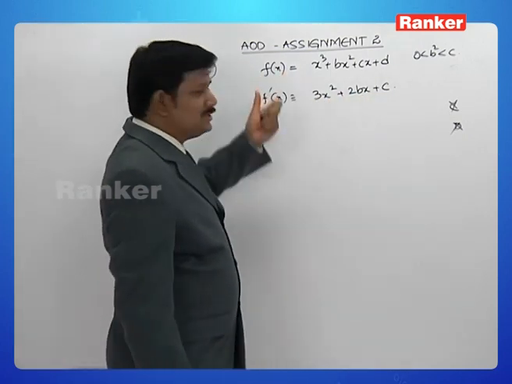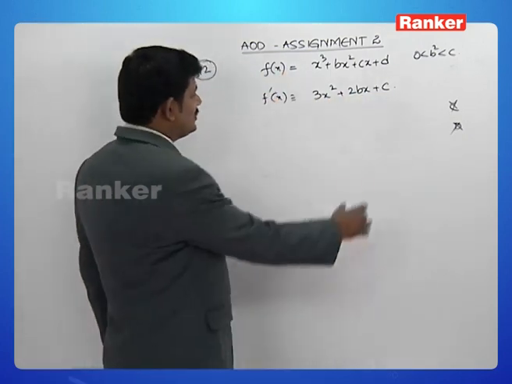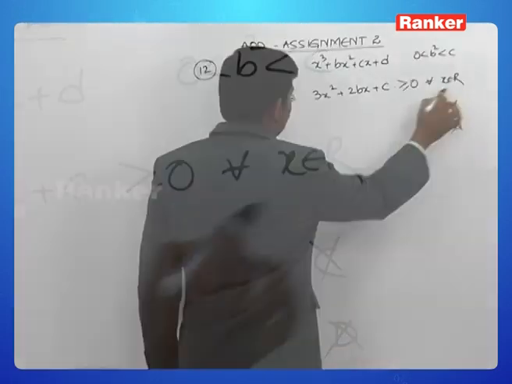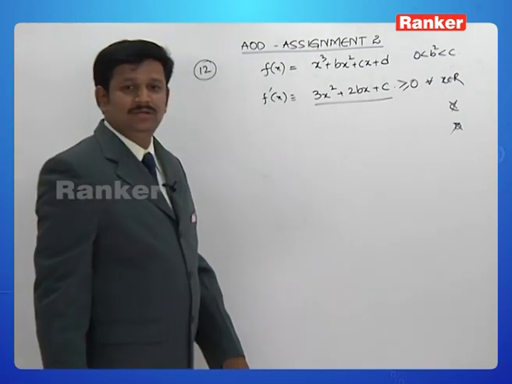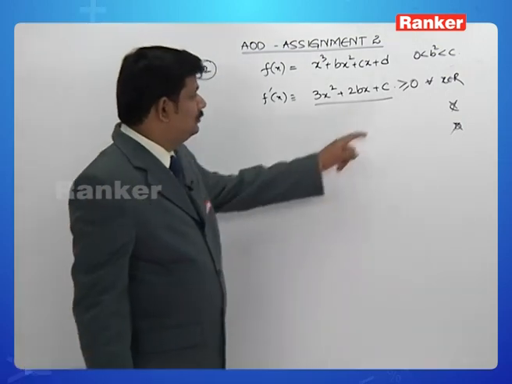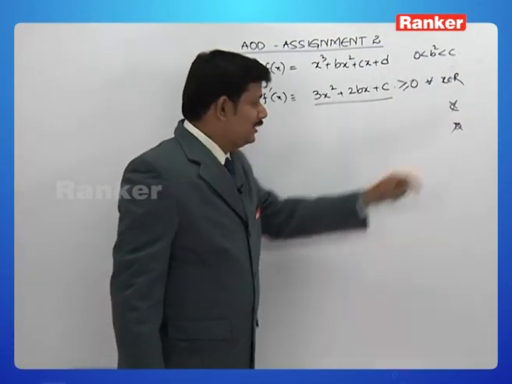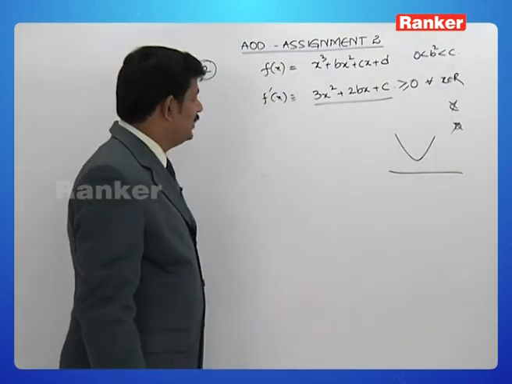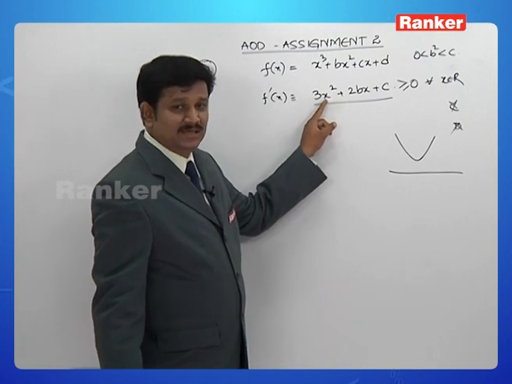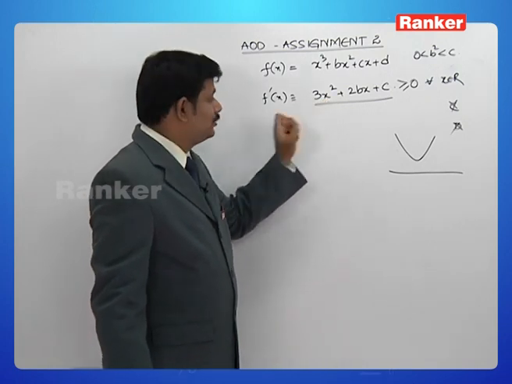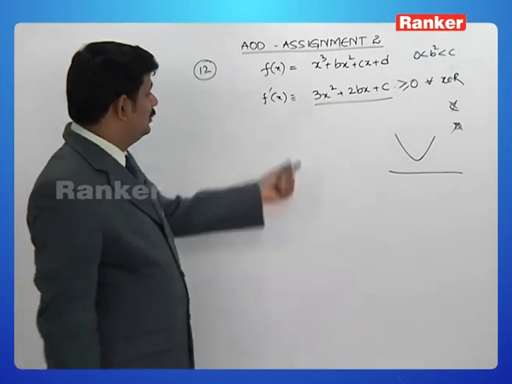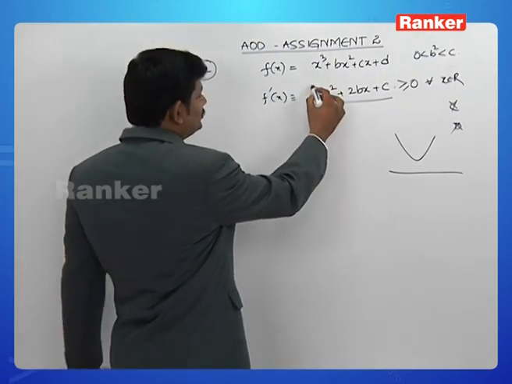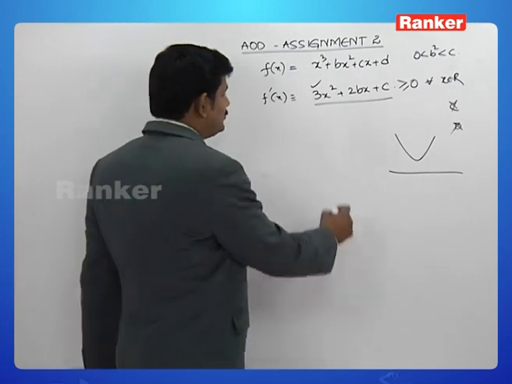For f of x to be strictly increasing, f dash x should be greater than or equal to 0 for all x belonging to R, and a quadratic will be greater than or equal to 0 for all x belonging to R only when its graph is above the x axis, that is when its discriminant is less than or equal to 0 and the coefficient of x square is positive. Coefficient of x square, already we can see it is positive. Now let us observe the discriminant.